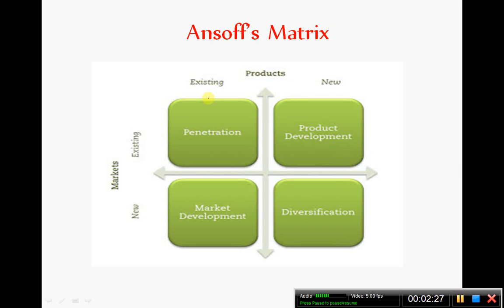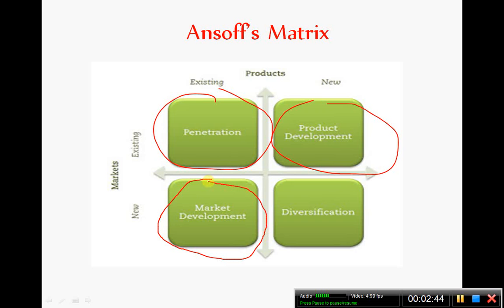Market penetration is existing markets and existing products. Product development is new products catering to existing markets. Market development is where you cater existing products to new markets. Diversification, of course, is the combination of new products and new markets.